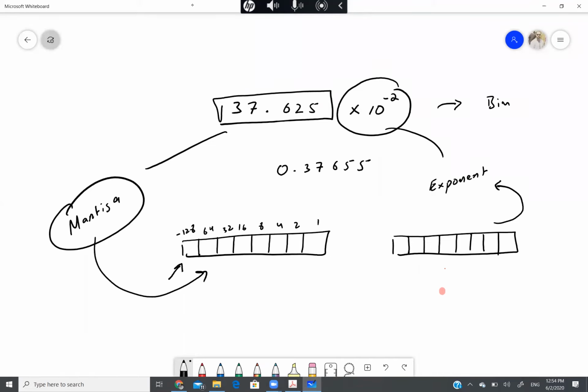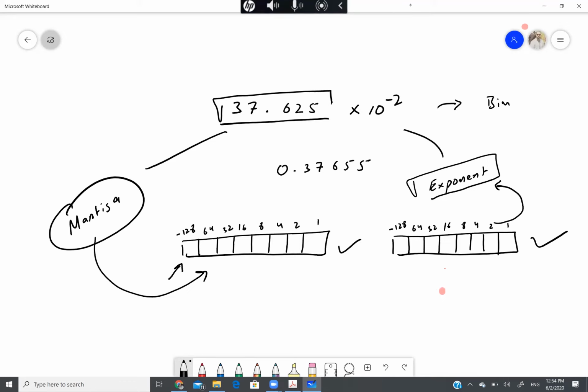Similar thing goes for the exponent as well. If we want to represent the exponent, it's 2, 4, 8, whatever. Because the exponent can also be negative or positive, it can have this as well. So this is important.